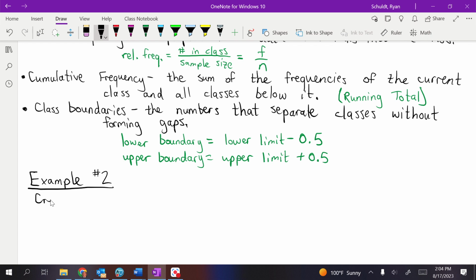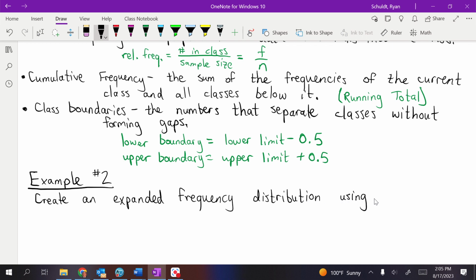We're going to create an expanded frequency distribution using the data in example 1.